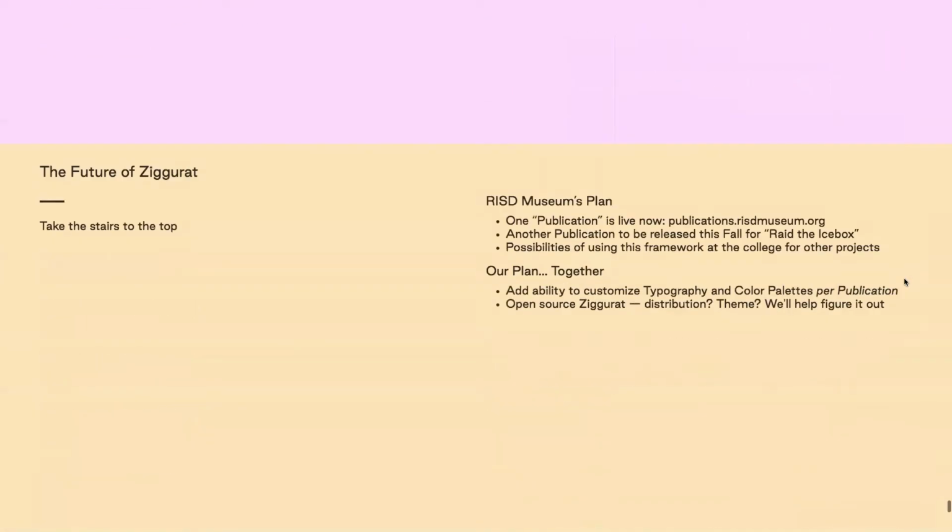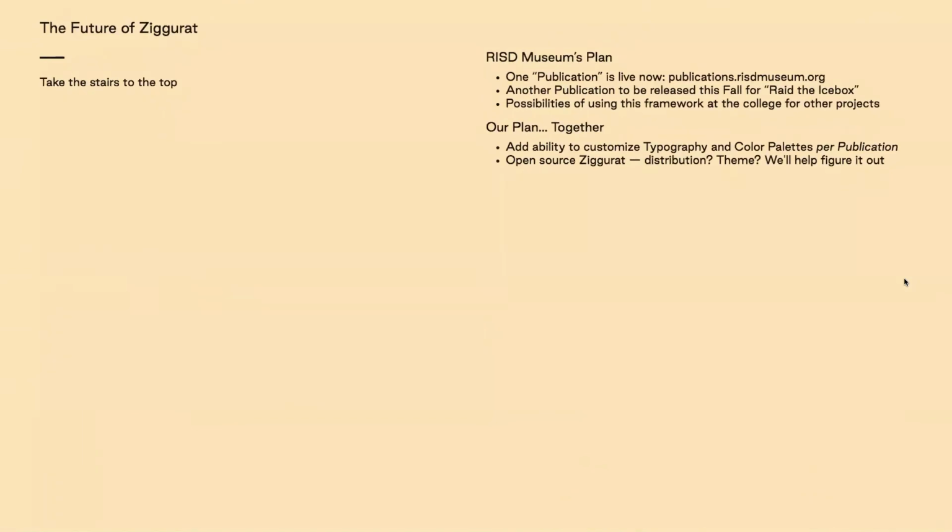In a very similar fashion, the future of Ziggurat with RISD is, right now there's one publication out, so you can go to publications.risdmuseum.org and check it out. It's nothing like what I showed you in that right now it's a compendium of their audio tours, and even still, because it's RISD, audio tour doesn't really do it justice. It's more like a podcast you listen to while you walk through the museum.